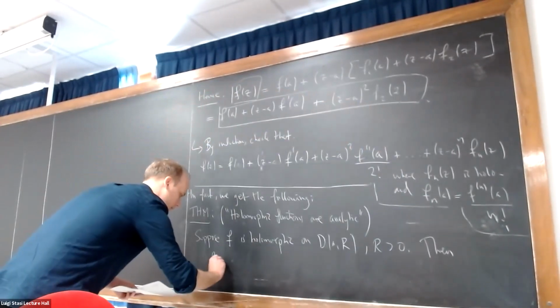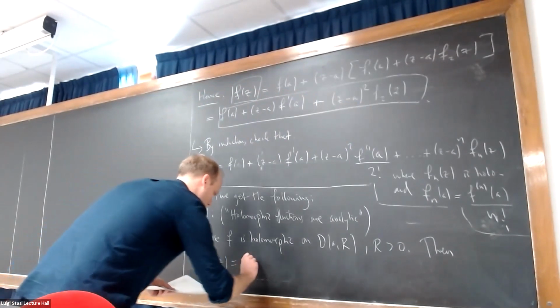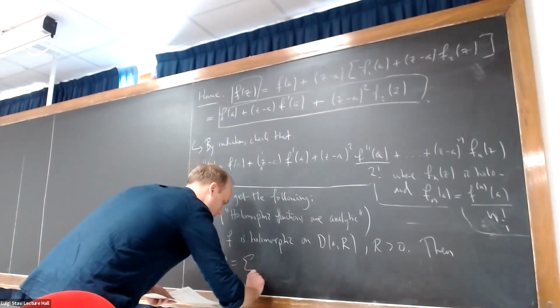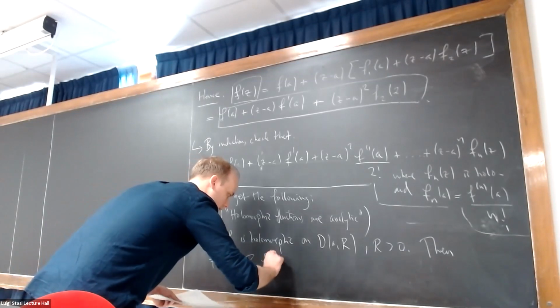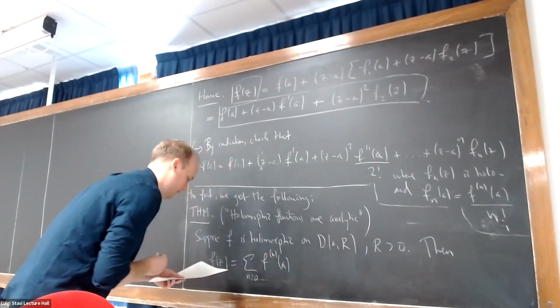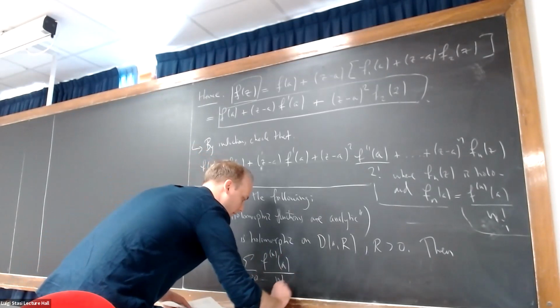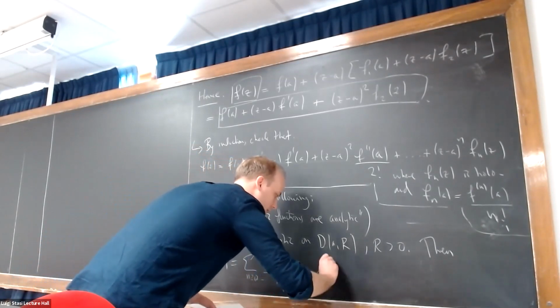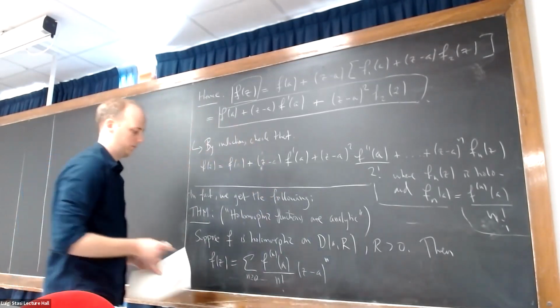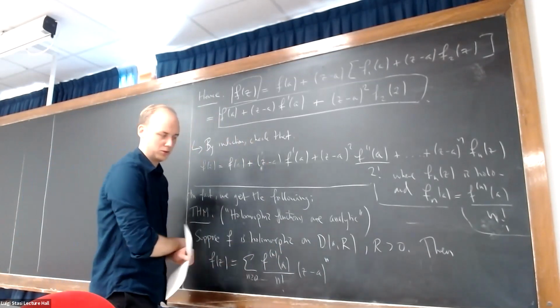Then f of z is equal to the sum of the nth derivatives at a divided by n factorial times (z minus a) to the n, where n goes from 0 to plus infinity.